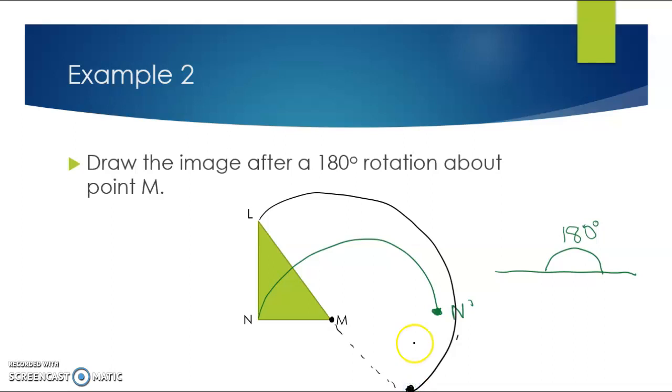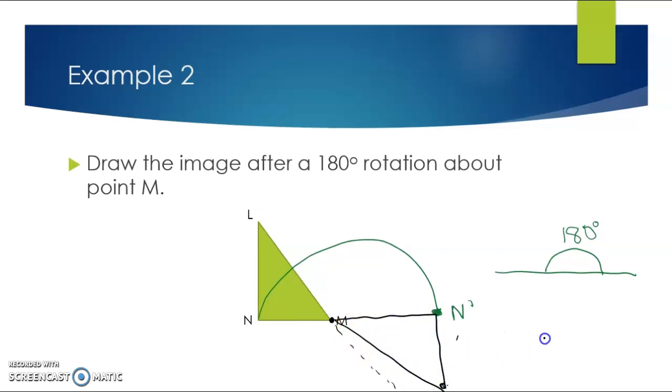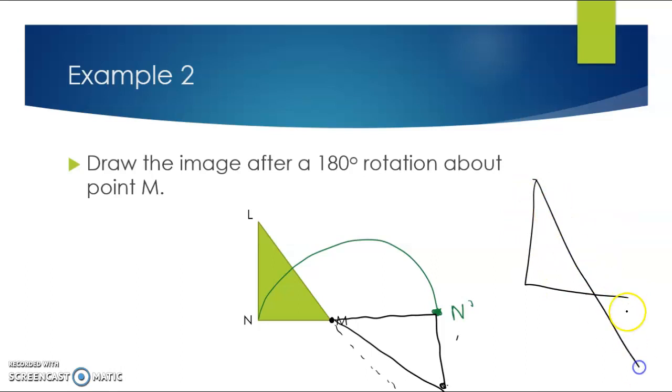And so that's going to be point L. Now, actually, that should be more like over here because it does still need to make a 90-degree angle with N. And when I sketch this triangle, it should look more like this, but I don't have room to draw that down here.